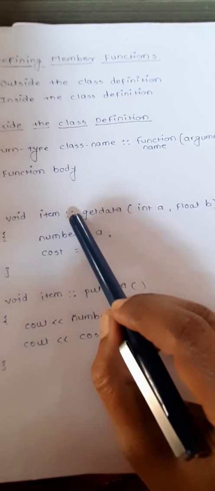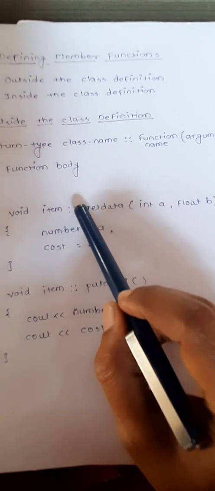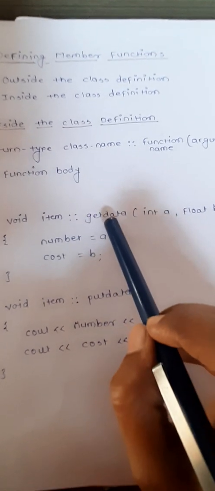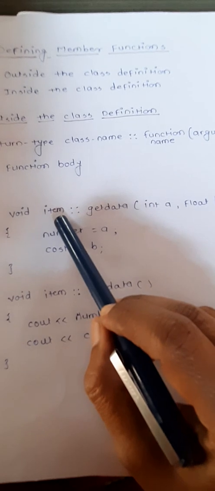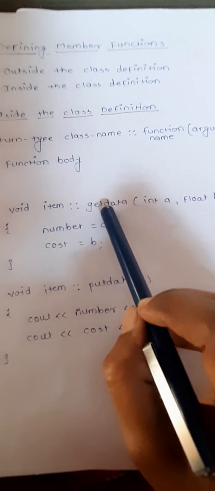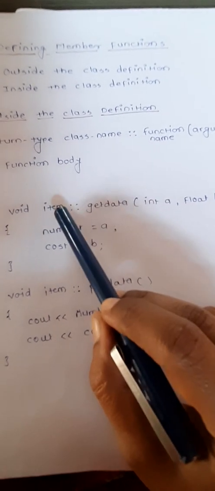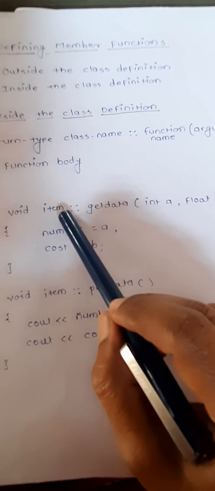Why is the scope resolution operator important? Because we write the function definition outside the class, and the class to which this member function belongs, so we write the class name also.